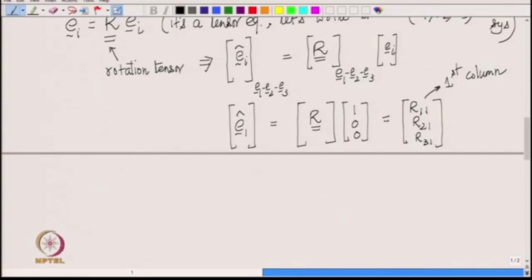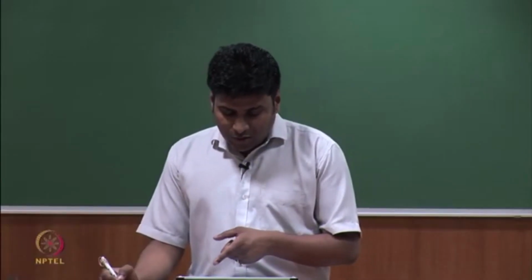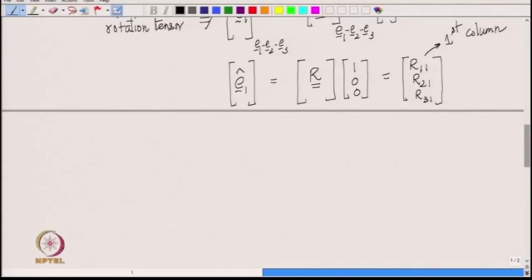Similarly, when you see what happens to E2, E2 hat is the second column of the rotation matrix and E3 hat is the third column of the rotation matrix. All right. So, now, what can you say about R 1 1? So, R 1 1 is the first component of E1 hat, and in which direction are we taking the component?